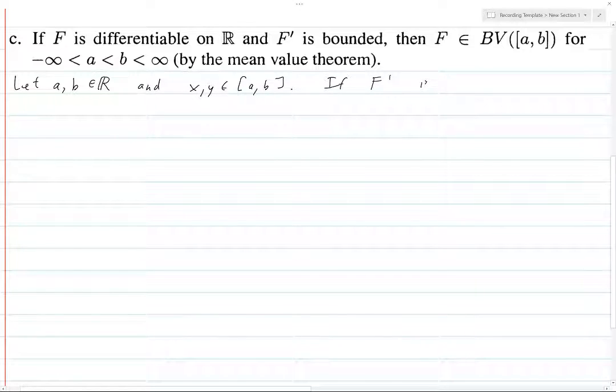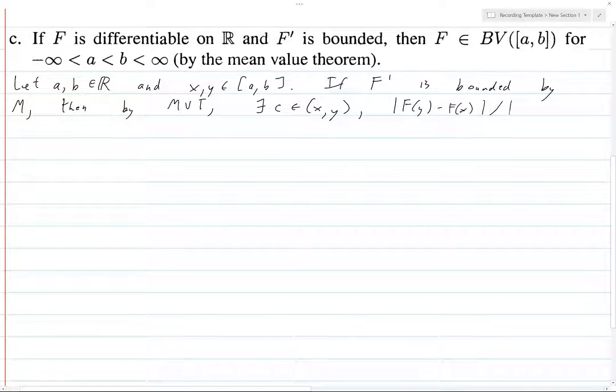If f prime is bounded by M, I'm not saying if f prime happens to be bounded, I'm saying f prime is definitely bounded, and if we say that M is the particular bound for f prime, then by the mean value theorem, there is some c in this open interval from x to y such that f of y minus f of x over y minus x is equal to f prime of c.